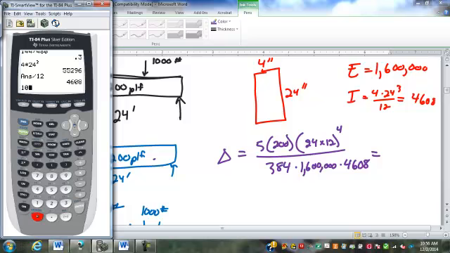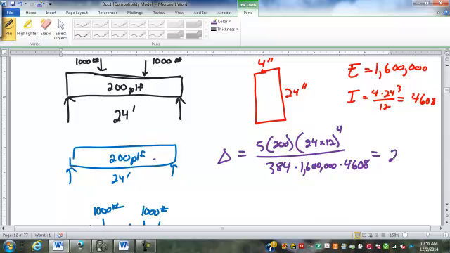So 5 times 200 times 24 times 12 to the 4th, divided by 384 times 1,600,000 times 4,608. 2.43 inches. I'm going to assume this is an L over 240 application here. So we got 2.43 inches of deflection just from the distributed load.